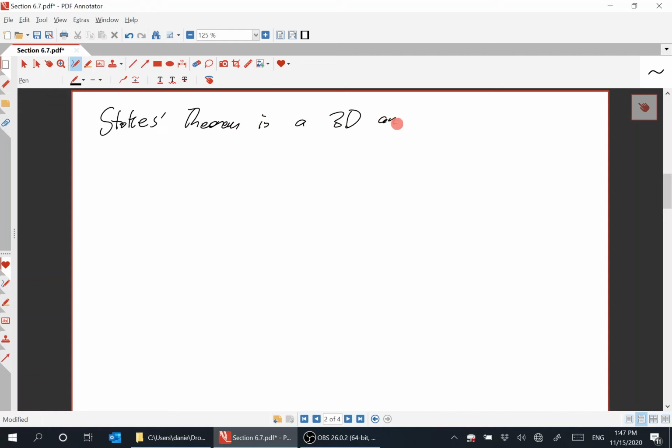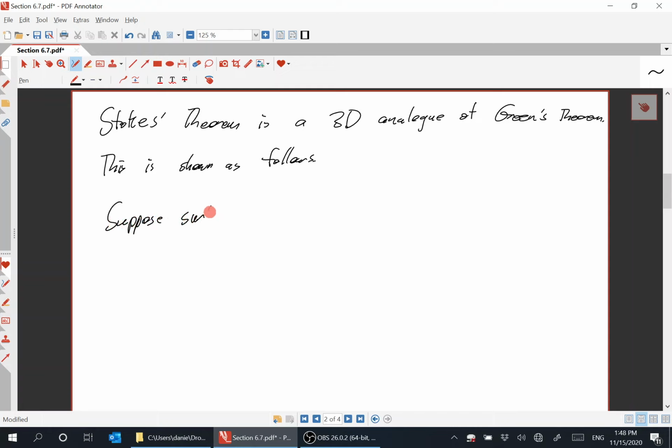Because, suppose that C and S are just in the xy plane.